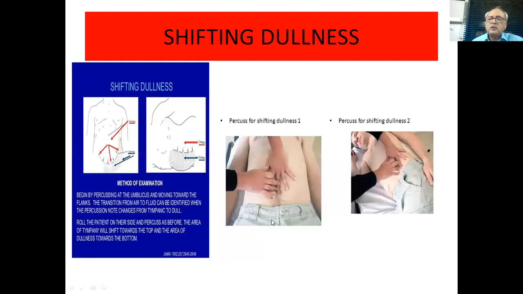And after percussion of the lower border of liver, spleen, and upper border of the urinary bladder, you have to perform the shifting dullness.